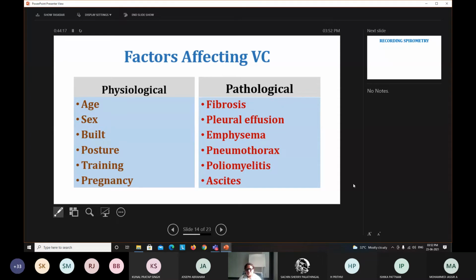Okay, so this is all about the simple spirometry: the aim, instrument used, procedure, observation, how to write the reporting, and we saw the different physiological and pathological factors which are affecting the vital capacity.